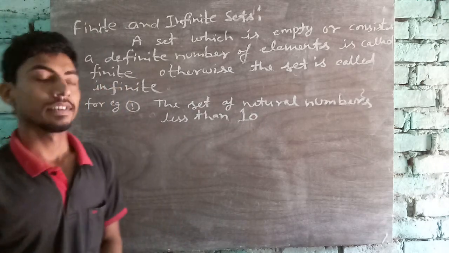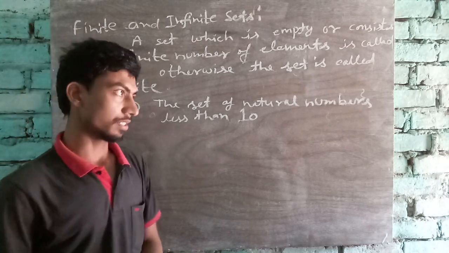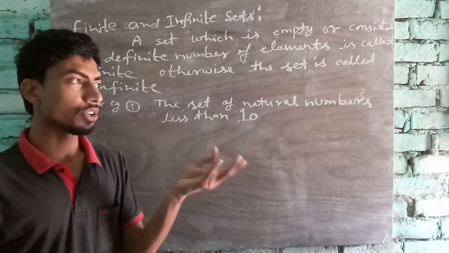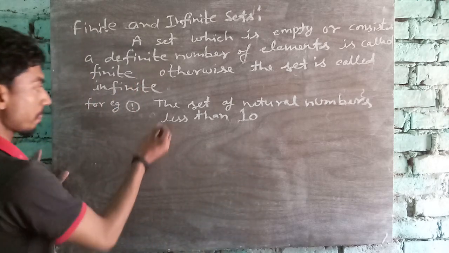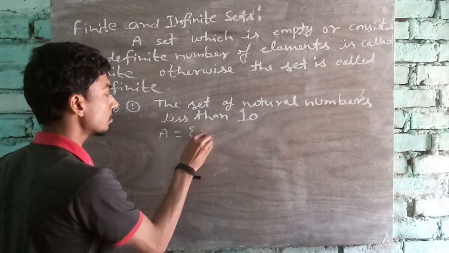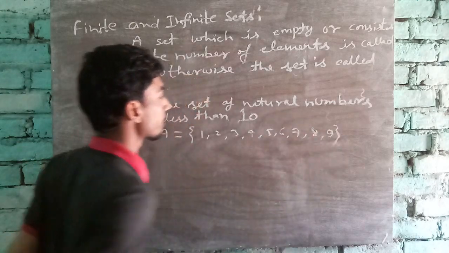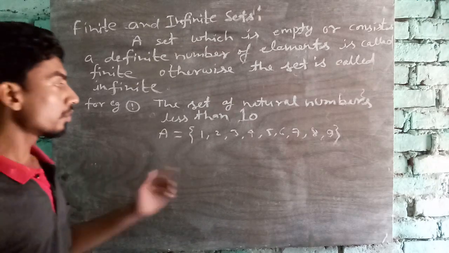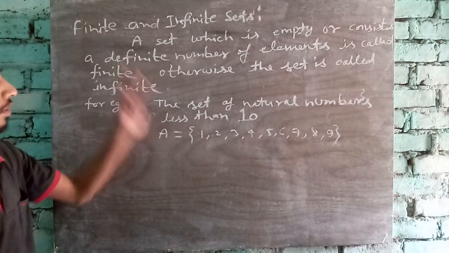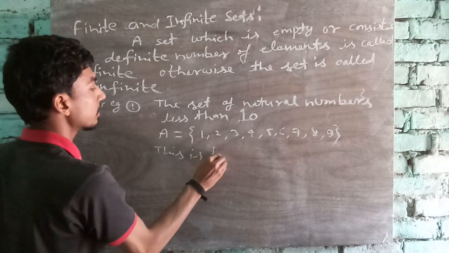Here this collection contains only 9 elements, because the natural numbers less than 10 are 1, 2, 3, 4, 5, 6, 7, 8, 9. Denoting the set by A, we can write A equal to {1, 2, 3, 4, 5, 6, 7, 8, 9}. We can count this number, and it is a definite number, so this is a finite set.